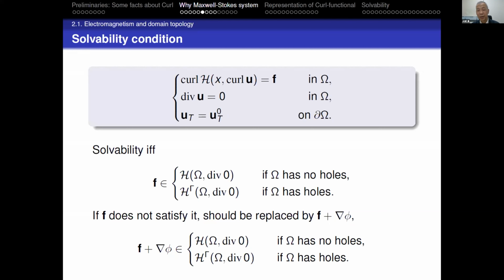But if Omega has holes, F must belong to H_Γ, which is the extra condition.